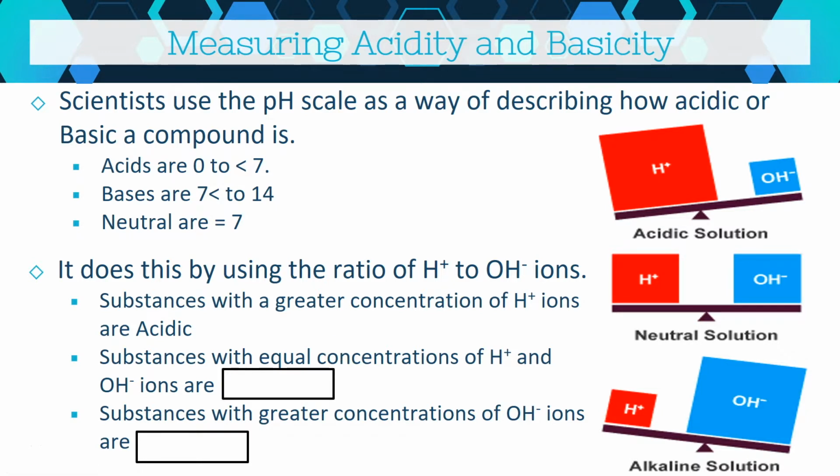If they have equal concentrations of H plus and OH minus, then we say that they are neutral. If, however, it's the other way around and they have much more OH negative ions than they do H plus ions, then we say they are basic, or they're in an alkaline solution. So that's the technical aspect behind pH and how we actually work that out.